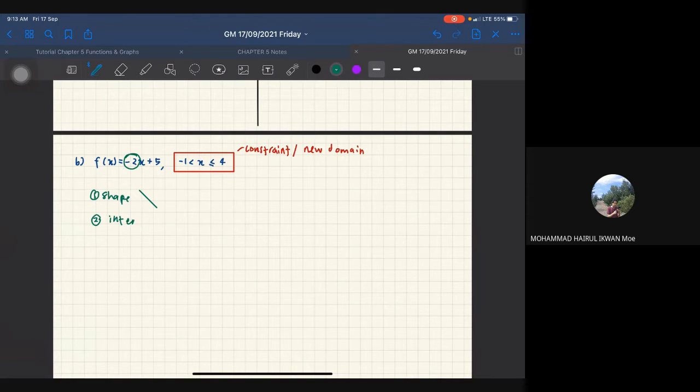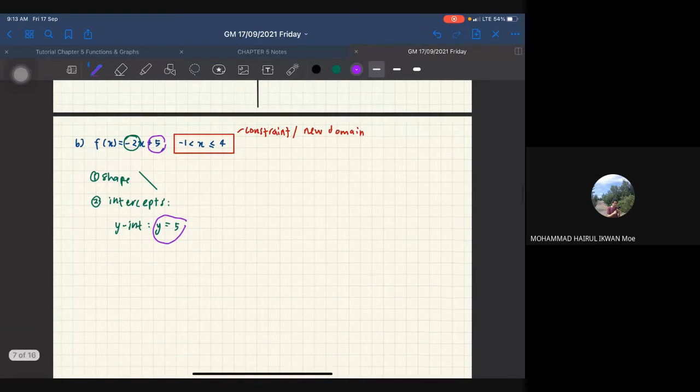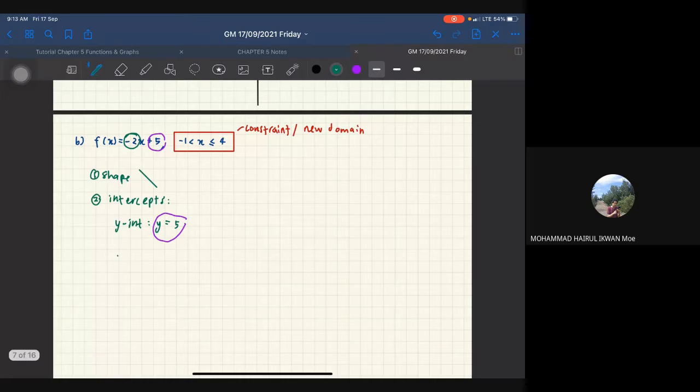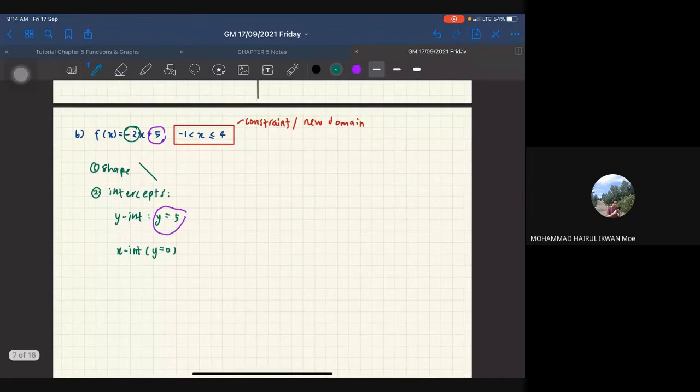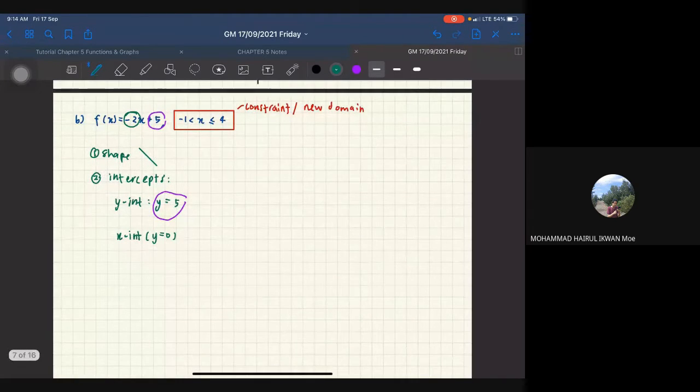Okay, what about kita punya intercepts pula? So untuk intercepts, okay, so y-intercept kita akan ambil sahaja yang dekat belakang. So y-intercept is y equals to positive 5. Okay, so awak akan ambil sahaja yang di belakang ni and then put it over here. This is your y-intercept. Okay, and then for your x-intercept, it is when y equals to 0. Okay, so awak substitutekan sahaja y awak tu.